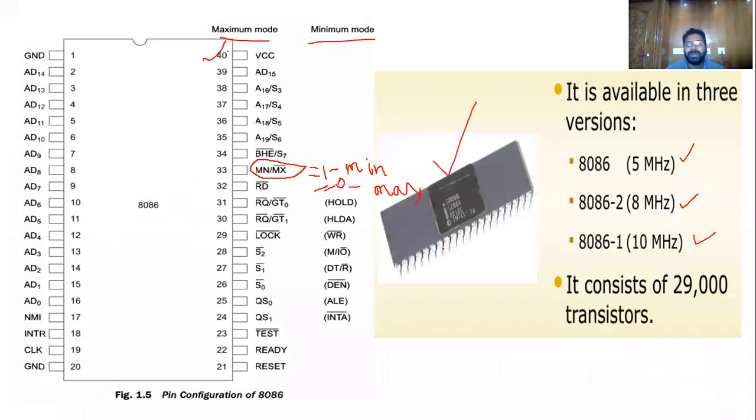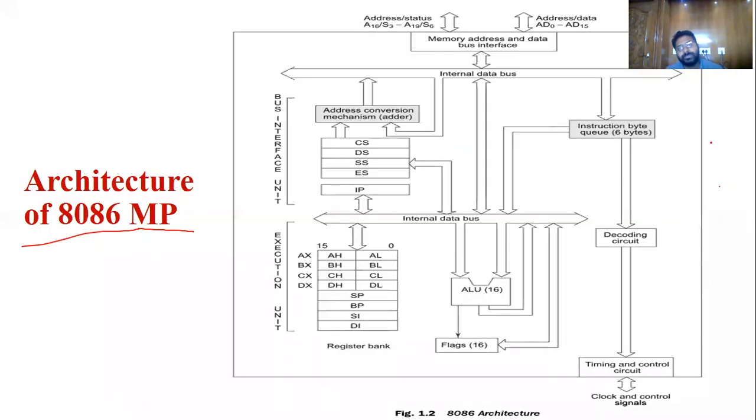This is the internal structure of the microprocessor. We have different types of buses: the internal data bus, then the address and data lines AD0 to AD15, A16 to A19, and the S3 to S6 status lines.